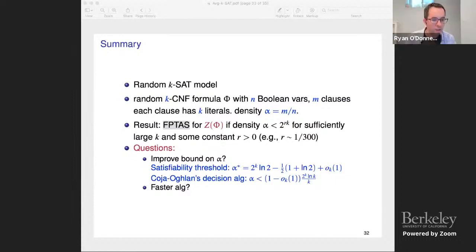Leslie, I have more questions for you that I can read out. Apparently I can unmute you if you raise your hand, but it's also fine to use this Q&A feature. I have a question from Nike Sun. She said, I think you said it, but I missed it. Could you briefly explain again why 2 to the RK is the bound? Oh, okay. Good question. I don't really think I did say it.